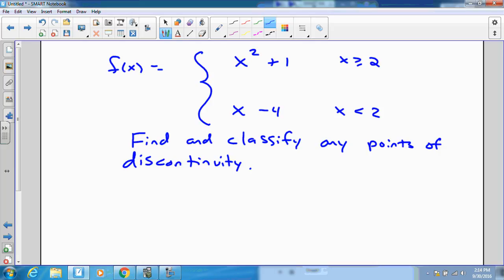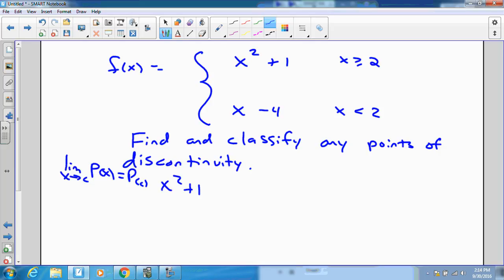First, we're going to think of it as examining the first piece for any points of discontinuity. But we know something about that function. What type of function is it? It's a polynomial. And we remember that the polynomial theorem guarantees polynomials are continuous.